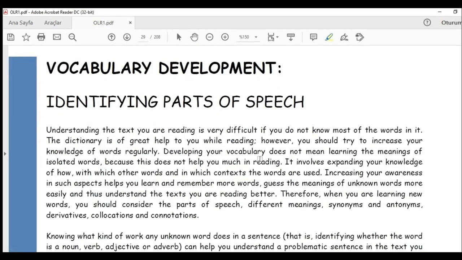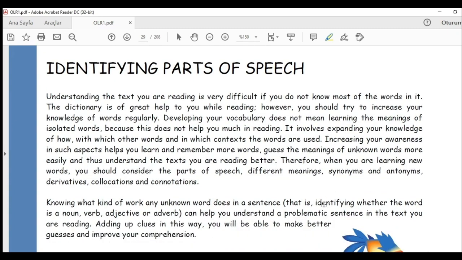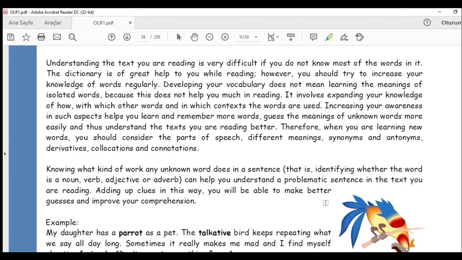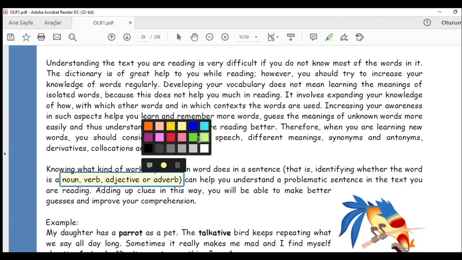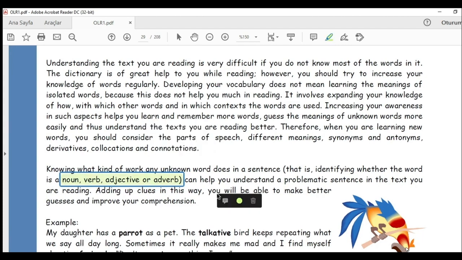Okay, in the final part of our video, we will take a look at parts of speech. Very generally, a part of speech is what group a vocabulary item belongs to. It can be a noun, a verb, an adjective, an adverb. All of these are parts of speech. Now, why is this important? Why do you need to know the part of speech of something?